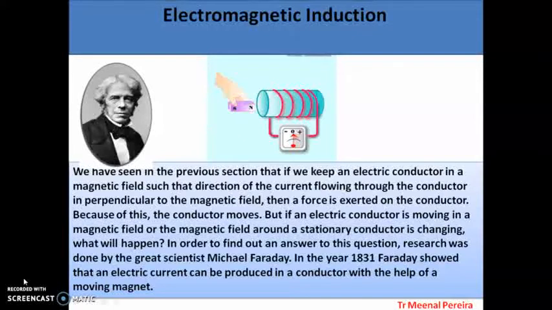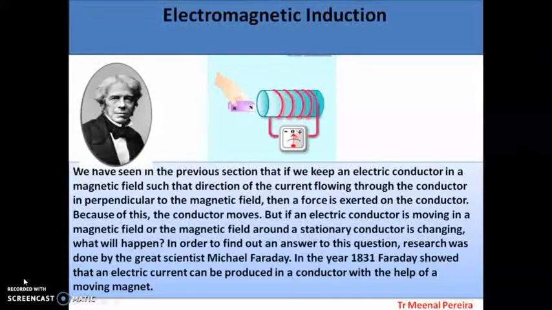Now children, the word electromagnetic is made up of two words, electro and magnetic. Here electro means electricity and magnetic means magnetism.